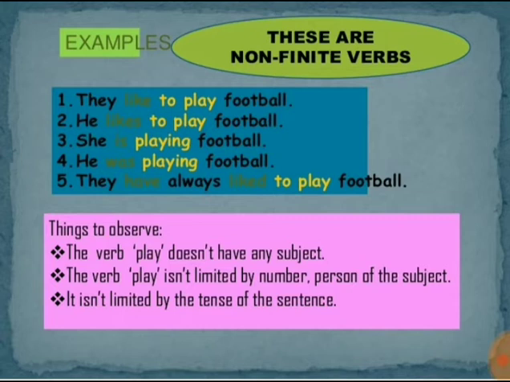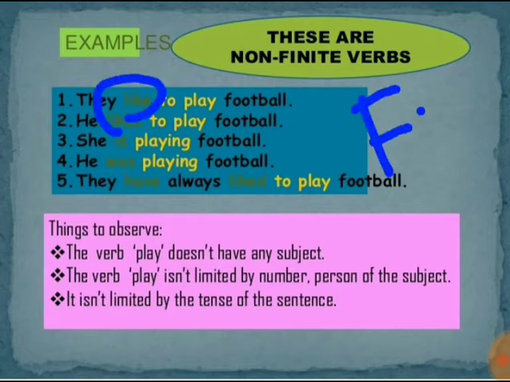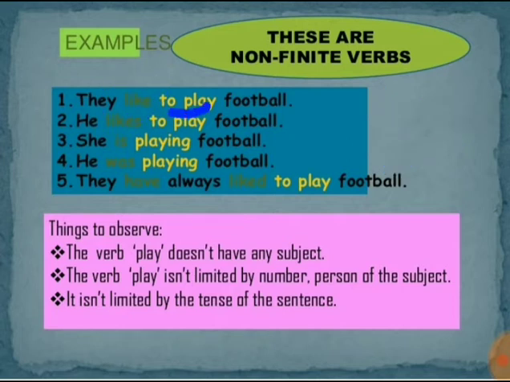Now see examples of non-finite verbs. They like to play football. This like is a finite verb, okay, because this shows the tense, like present simple tense. To play, so to play is here infinitive, to infinitive, 2 plus v1, but this doesn't show the tense.